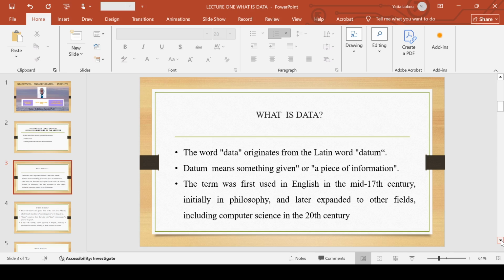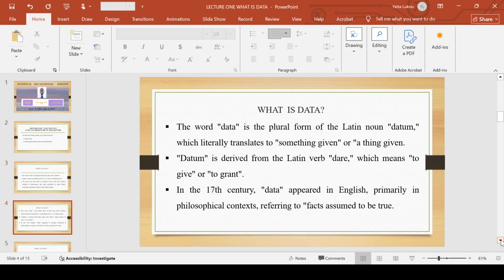The word data originates from the Latin word datum, which means something given or a piece of information. The word was first used in English in the mid 17th century, especially in philosophy, and later expanded to other fields, including computer science in the 20th century.